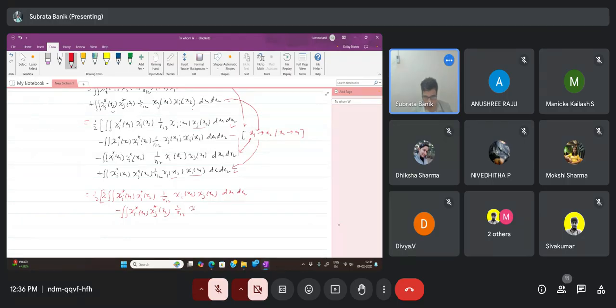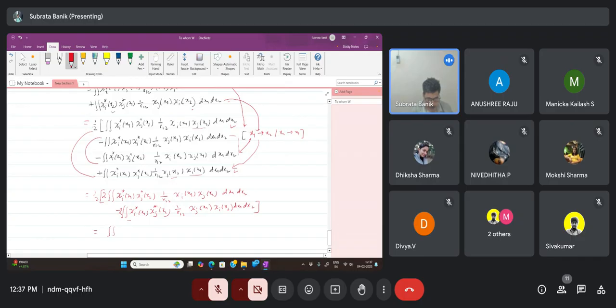I have chi j of x1, chi I of x2 x1, right? So these two terms will combine give me this, and first and last term will combine give me this. So they also have this 2 will get cancelled.